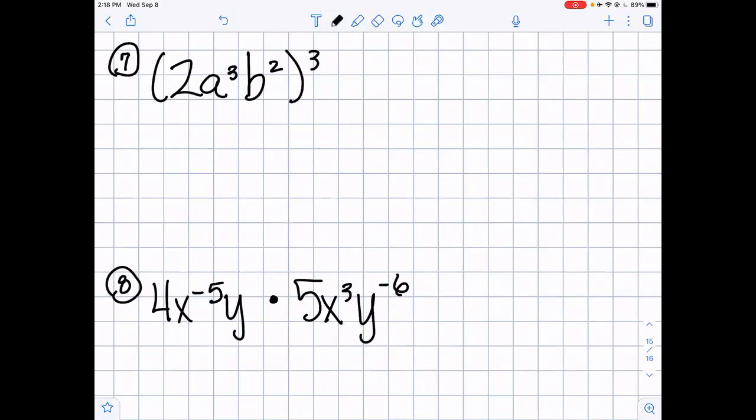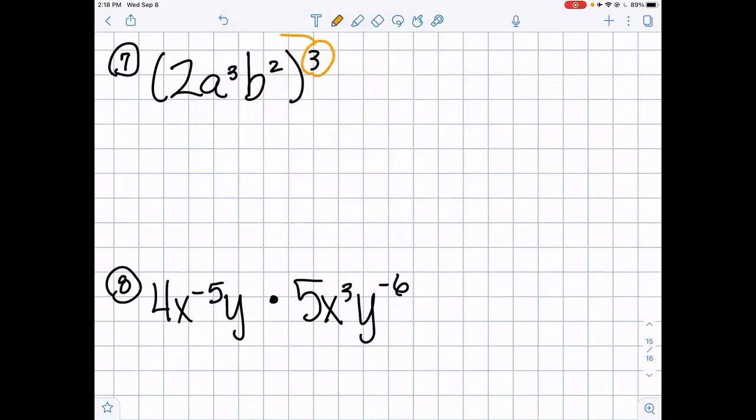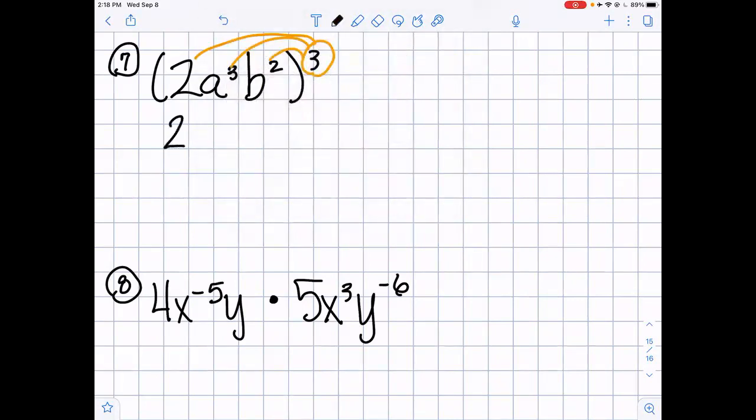Let's look at 7 and I'll give you more time for 8. On number 7, again, this 3 has to go with everything else. Okay, so 2 to the 3rd power, a to the 3rd times 3, b to the 2nd times 3.